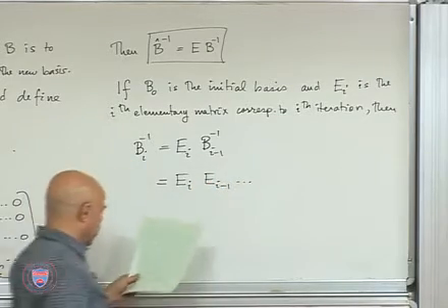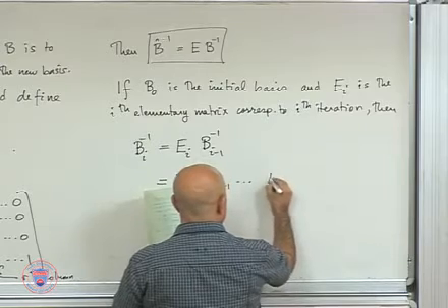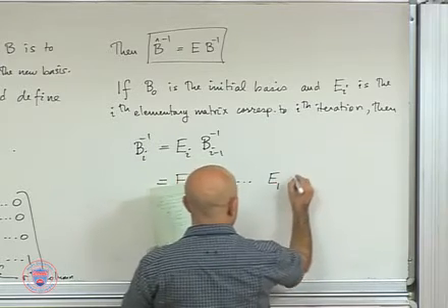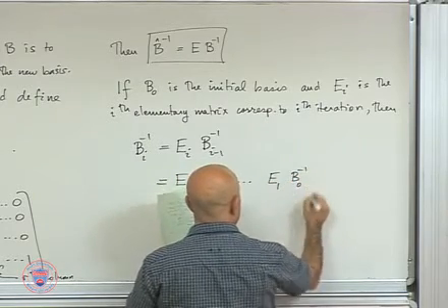You just keep going, and then finally, the first one, multiplying the initial inverse.